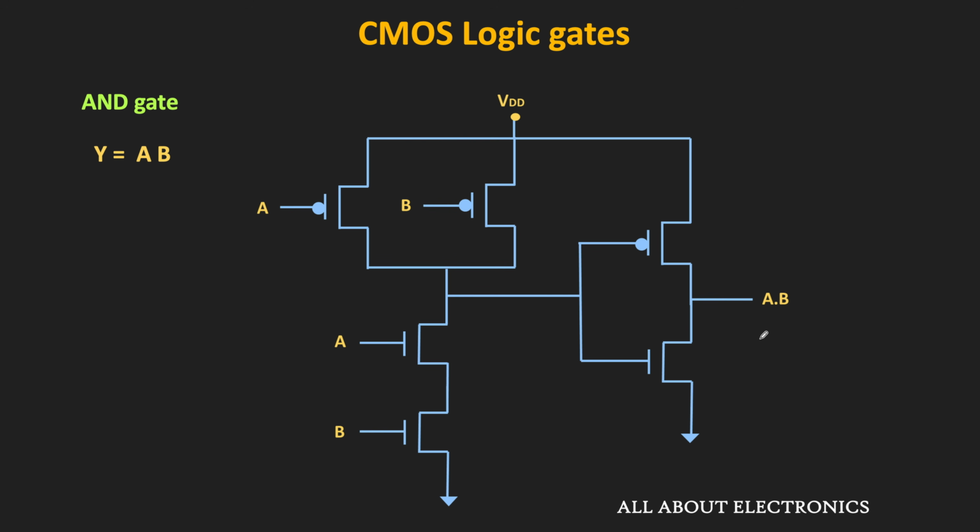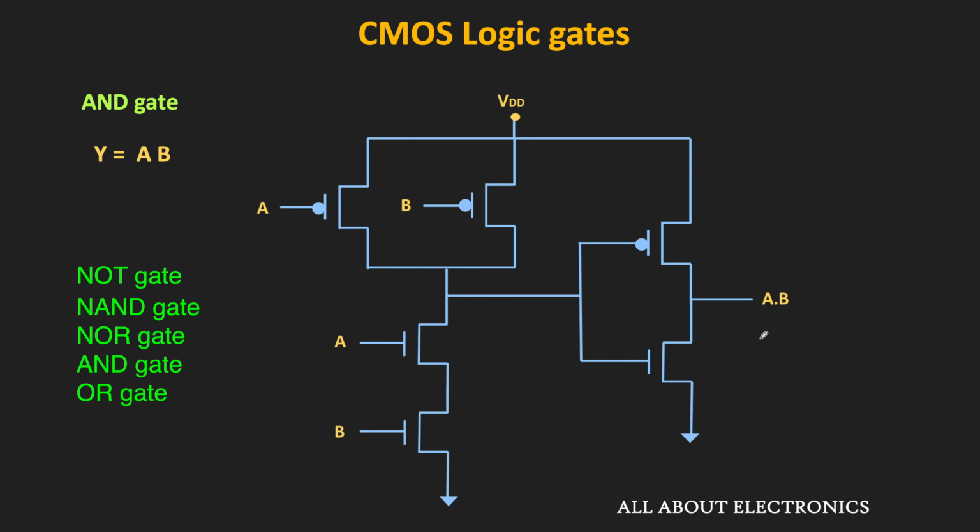So in the CMOS implementation, inherently we are getting the inverted output. So here it is easy to implement the NAND and NOR gates compared to the AND and OR gates. Moreover, the implementation of the NOR and the NAND gates will require fewer transistors compared to the OR and the AND gates.